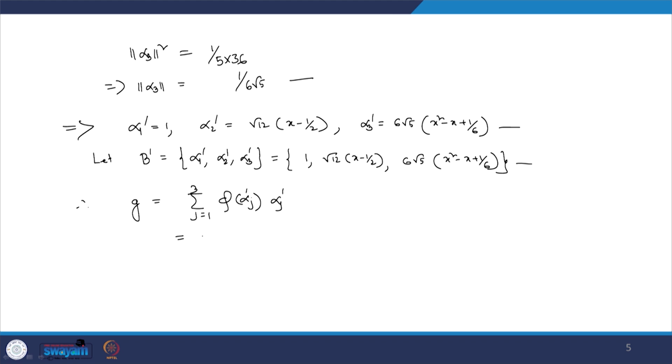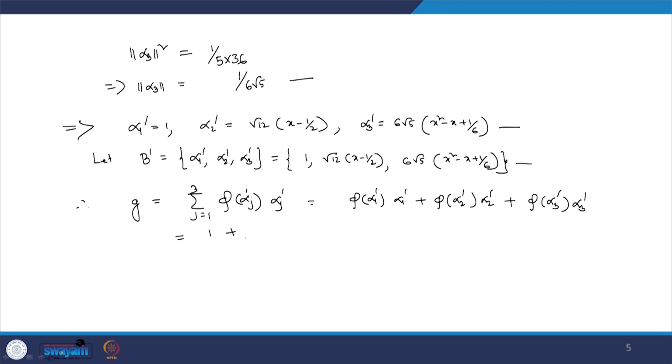See, phi of alpha j prime means alpha j prime at t naught. If I simplify this, it will be phi of alpha 1 prime and alpha 1 prime, plus phi of alpha 2 prime and alpha 2 prime, plus phi of alpha 3 prime and alpha 3 prime.